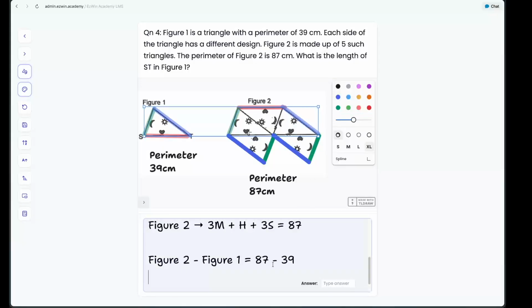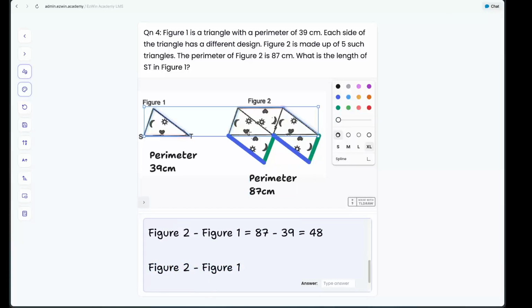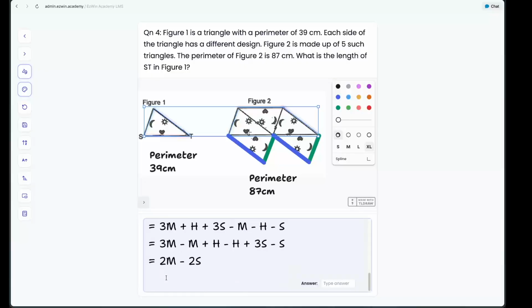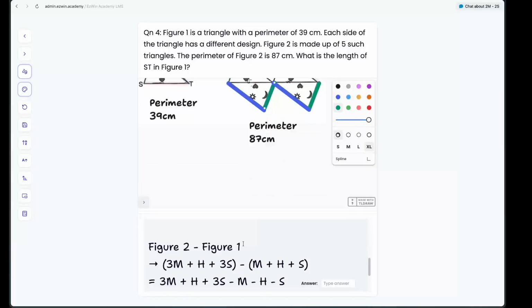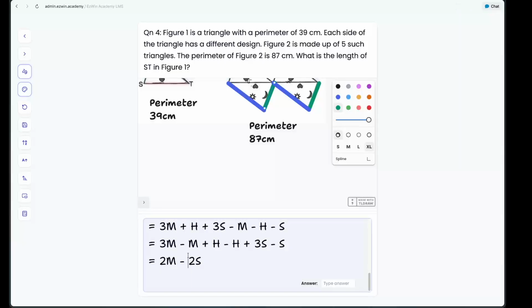So figure 2 minus figure 1 is 87 minus 39, and this will give us 48. And figure 2 minus figure 1 in terms of how this looks is basically equal to 2M plus 2S. So if you cancel it out, you see there are 2 moons and 2 suns in this case.